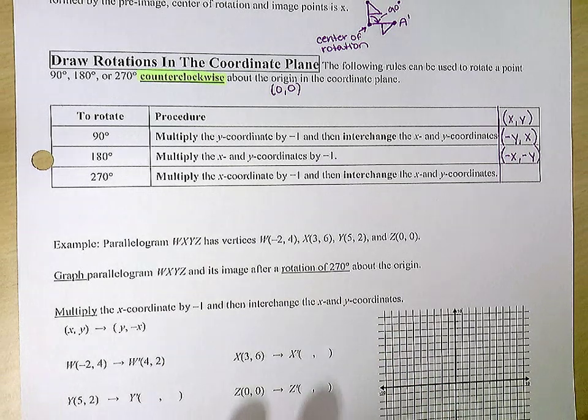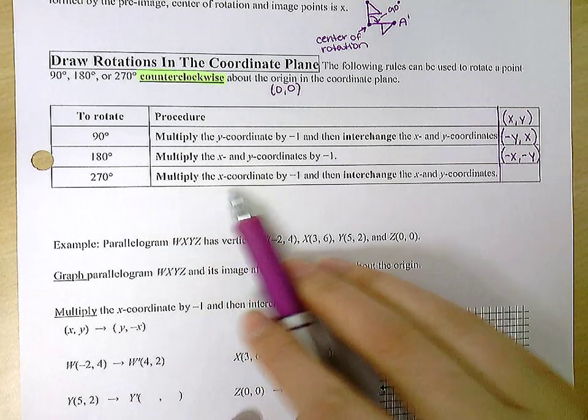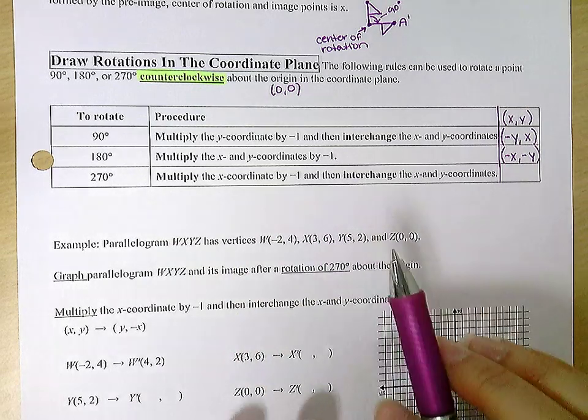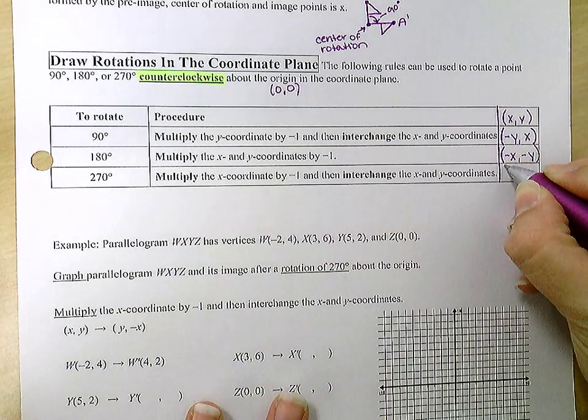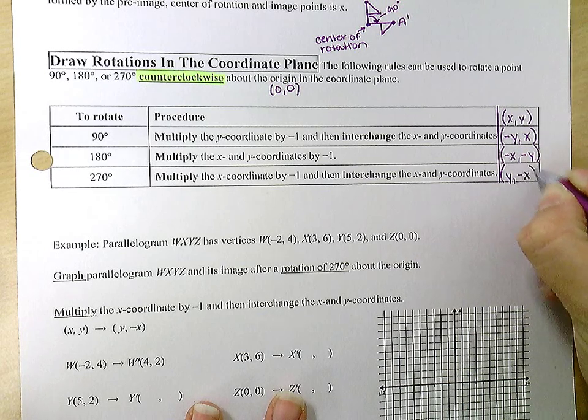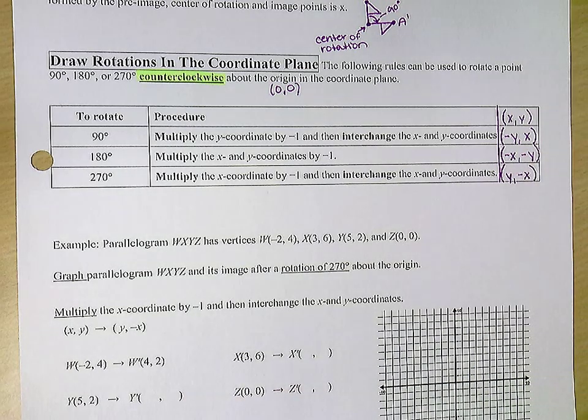And then 270: you're multiplying x by -1, and again we're interchanging x and y. So our new coordinate here would be (y, -x). That's how we want to change each of our coordinates depending upon how we're rotating.